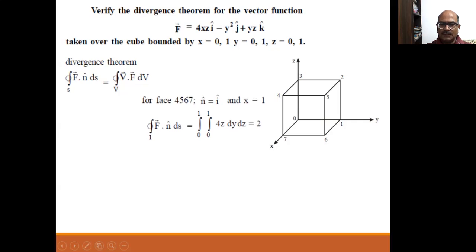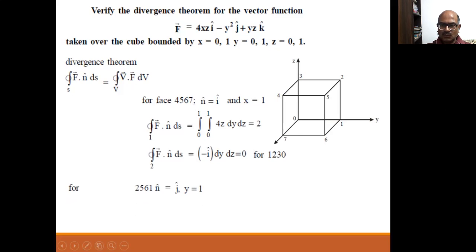Okay, so we can easily solve it, and it's 2. And the reverse of this surface is the 1, 2, 3, 0 surface, and for this surface, F dot n ds for the second integration is minus, because its direction will be opposite. So it will be 0.